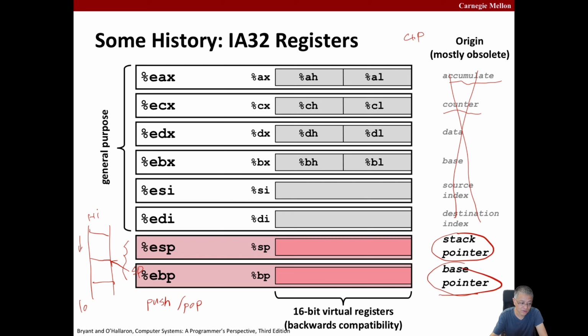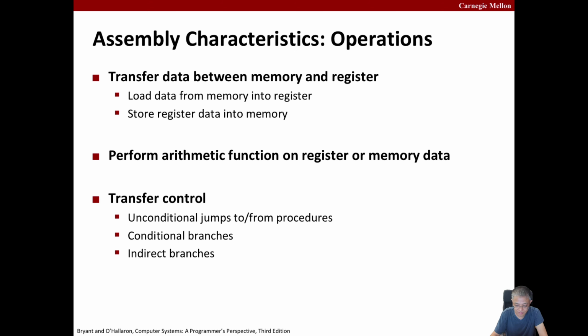You can use those as general purpose registers, right, for any purpose. But some instructions, they're actually hard coded which register to be used, right? But you don't need to know too much about that because the compiler will take care of it.